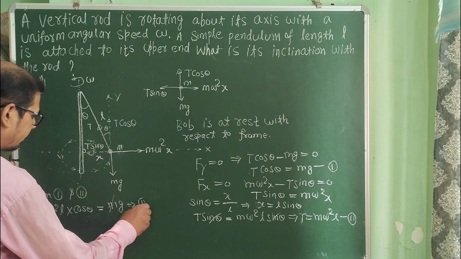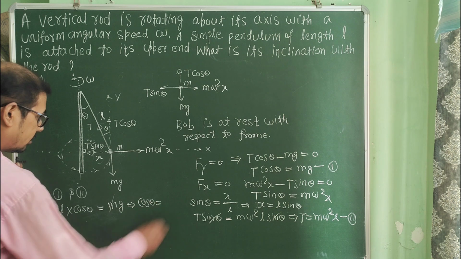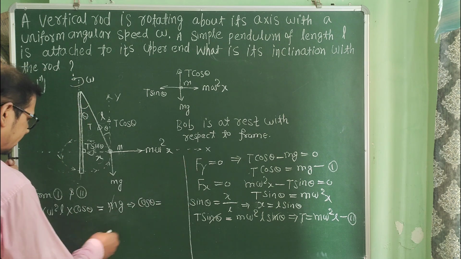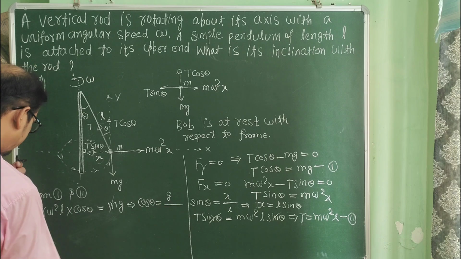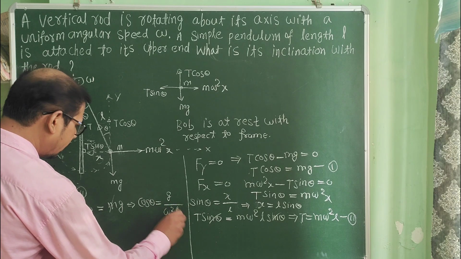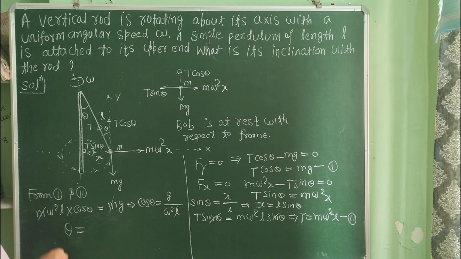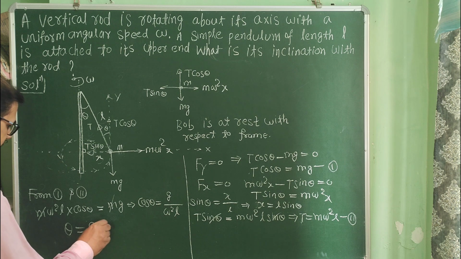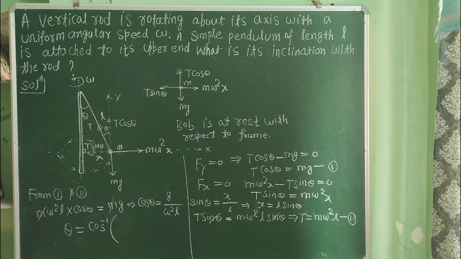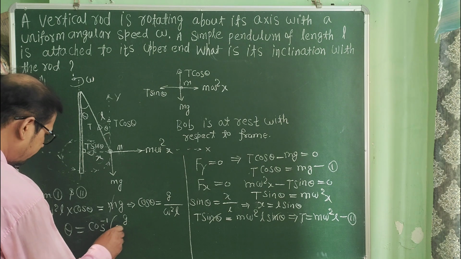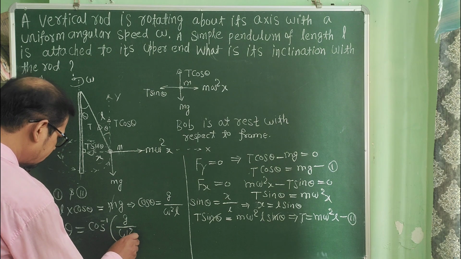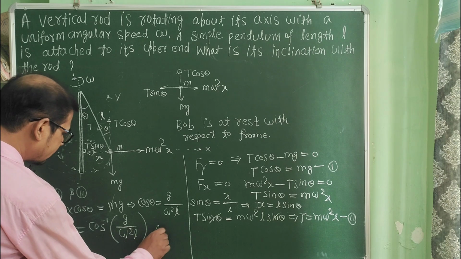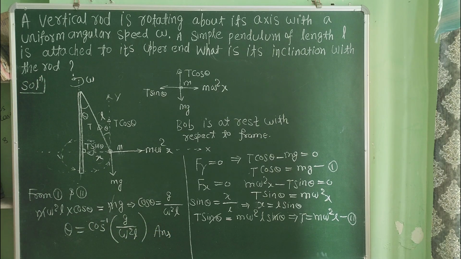So cos theta equals g divided by omega square into L. Now theta equals cos inverse. This is basic mathematics we have studied in inverse trigonometric functions. This is g over omega square L. Correct? Answer: theta equals cos inverse of g divided by omega square L.